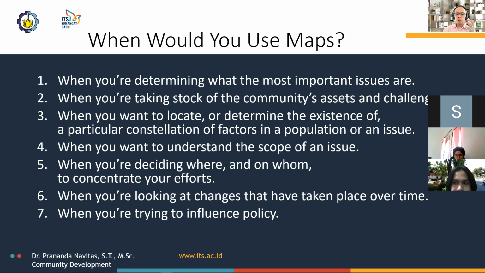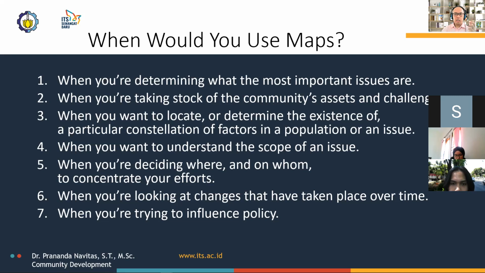Next point is when you're looking at changes that have taken place over time. There are really 3 reasons that you want to do this. First, maybe to track the course of an issue or condition from some time in the past until the present, to determine the trends, or in which direction it's moving.